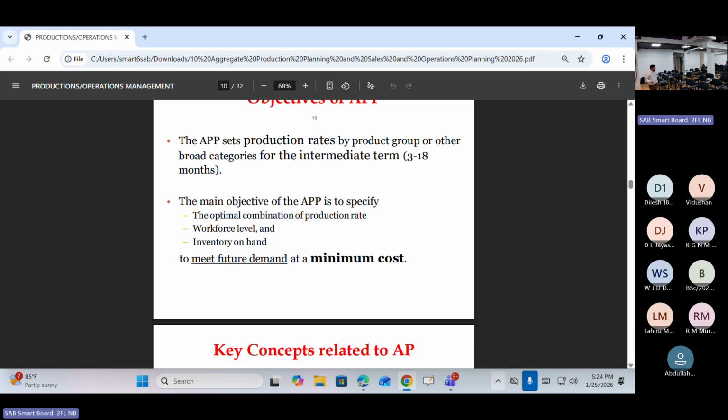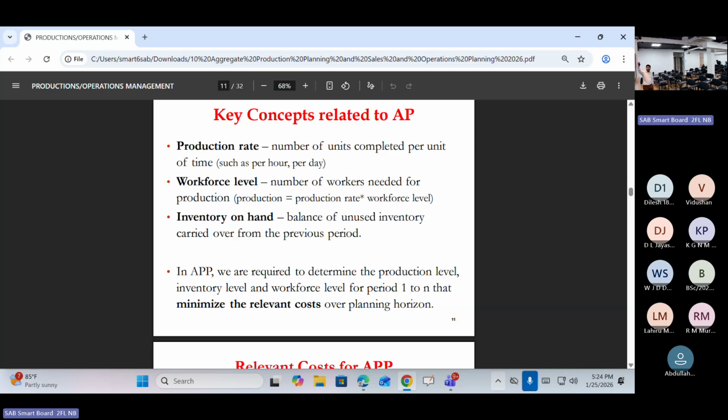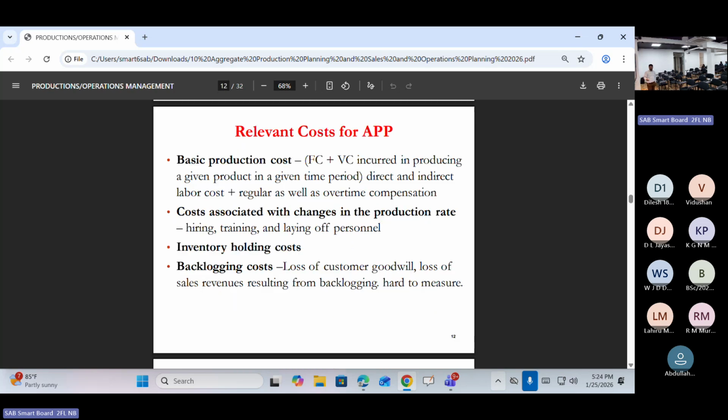So specify these three things: production rates, workforce levels, and inventory on hand, that meet the demand requirements while minimizing the cost. So here we identified what are these three things: production rate, workforce level, and inventory. And to determine the cost, we have to consider the relevant cost. We identified what are the relevant costs in production plan.